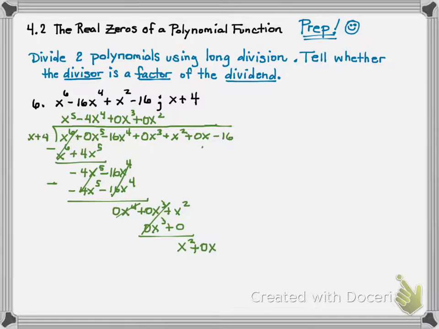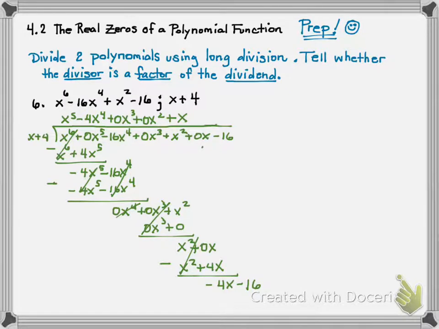What times x is x squared? Well, that's an x, right? X times x is x squared, and then plus 4x. Subtracting, those go away. 0x minus 4x, that's negative 4x. Bring down my minus 16.